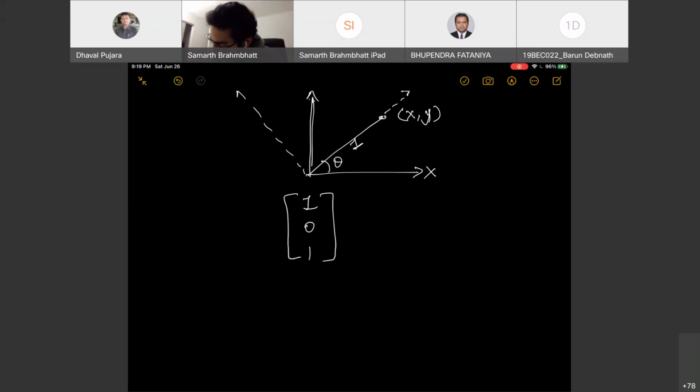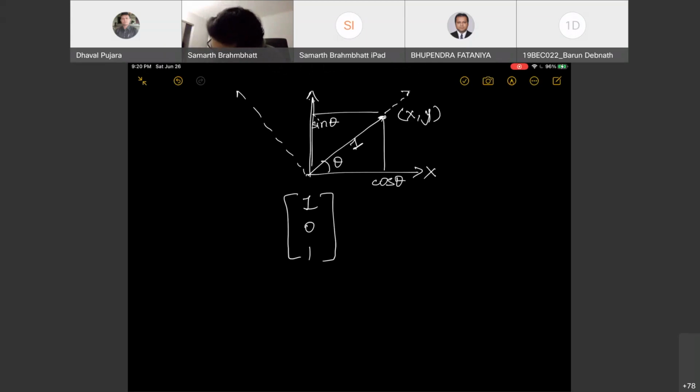But if you want to represent this same point in the new coordinate system, then here you have cos theta and here you have sin theta.